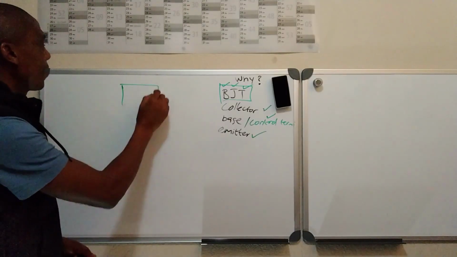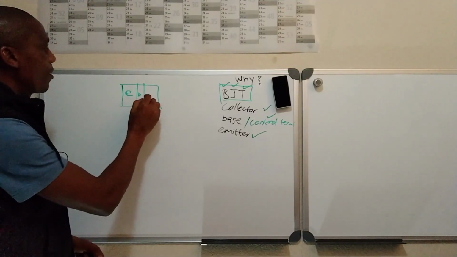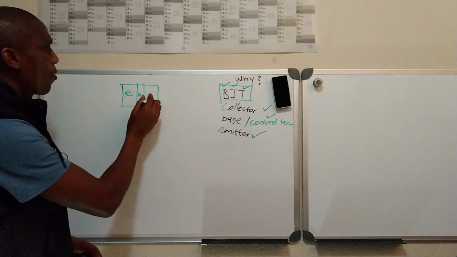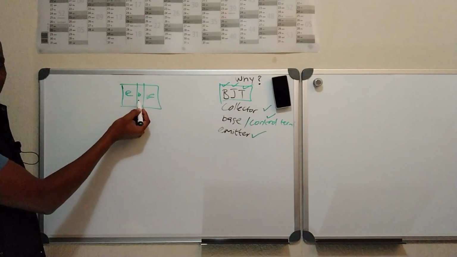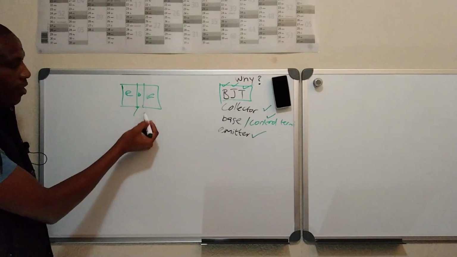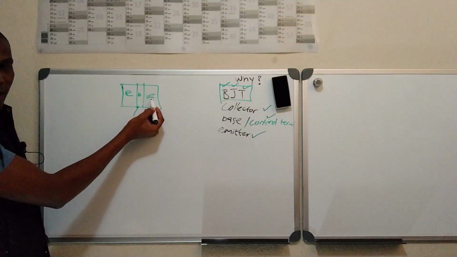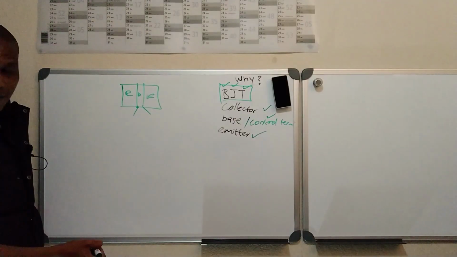You want to see the sketch? This is the emitter, this is the base, this is the collector. What do you call this one? Base emitter junction. This one. And this one is a collector. We can say base collector or collector base junction.